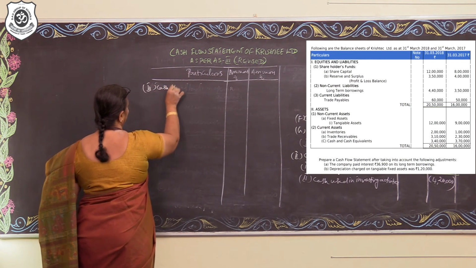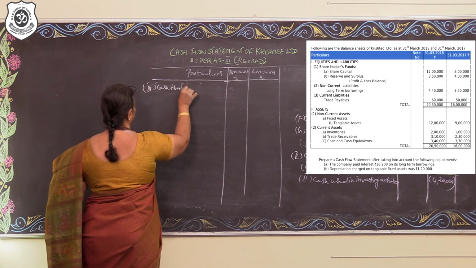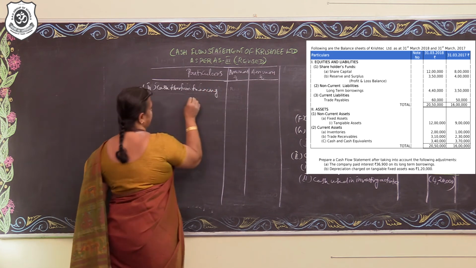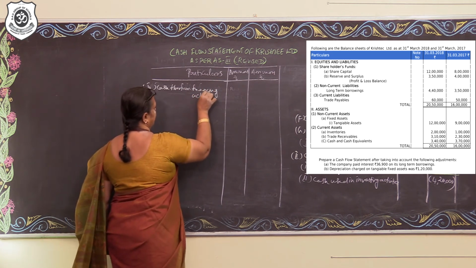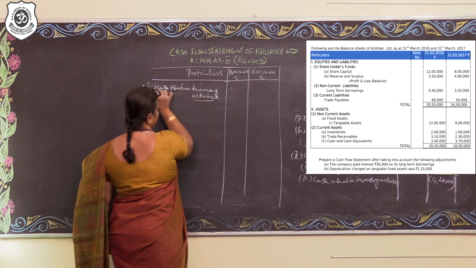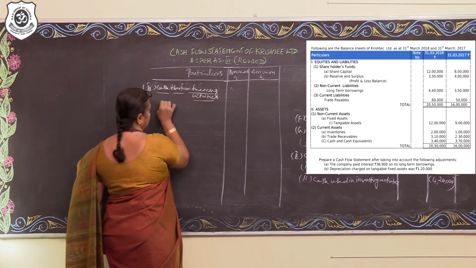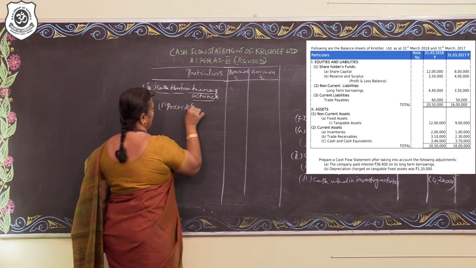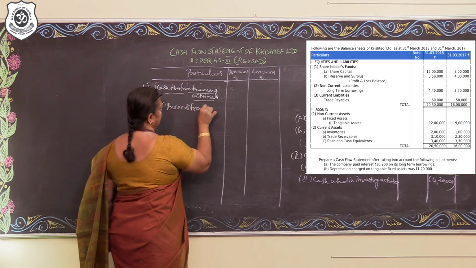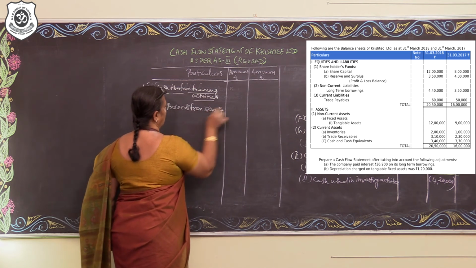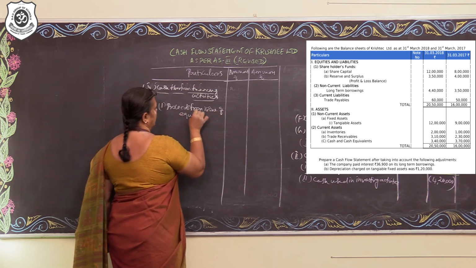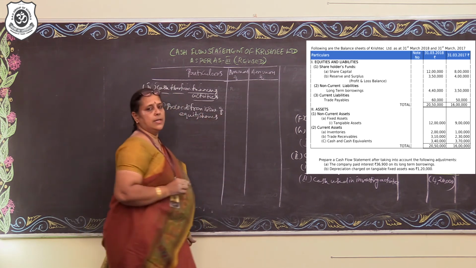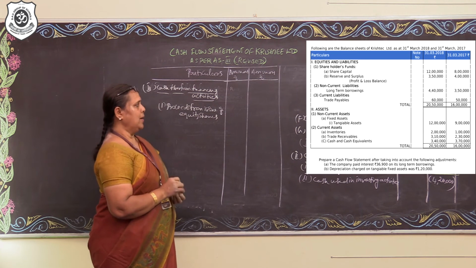Step number 3, cash flow from financing activities. Cash flow from financing activities, proceeds from issue of equity shares. Equity share is increasing from 8 lakhs to 12 lakhs.